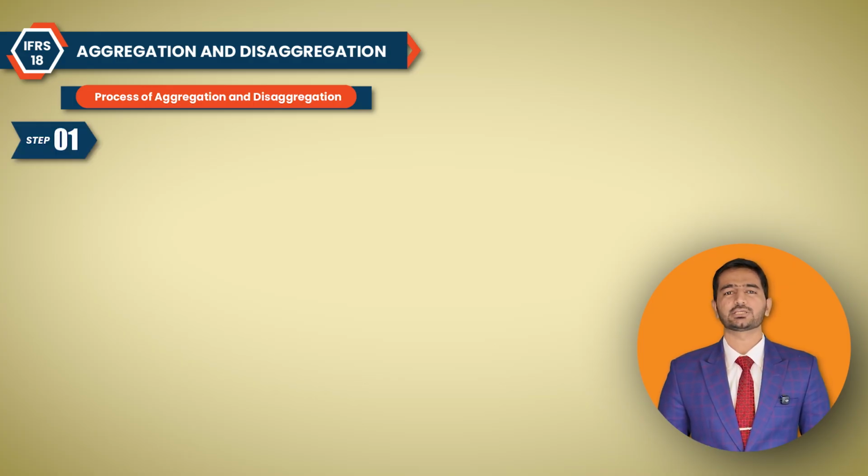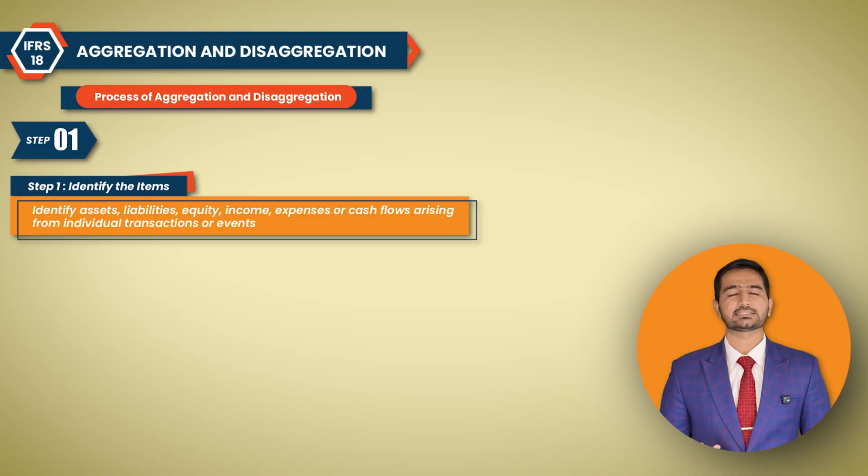The first step is to identify the items that arise from your transactions or events. These items can be individual assets, liabilities, equity components, income, expenses, and cash flows. Now don't confuse these items with line items in the financial statements. These are just raw pieces of information coming from your accounting records.